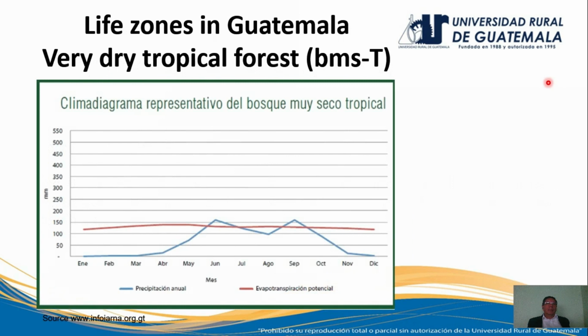And also we need to analyze this graphic here, the red line and also the blue graphic that give us an idea of how the rainwater is covering this small area.